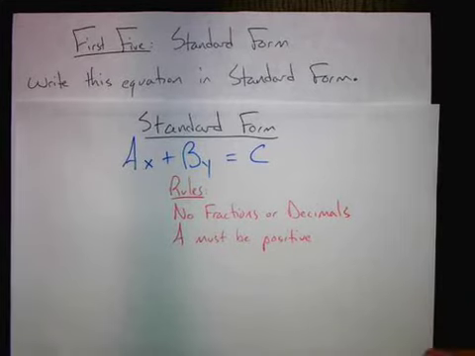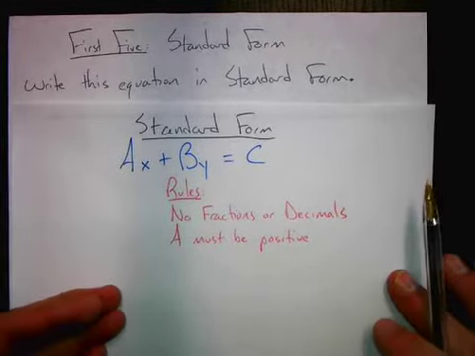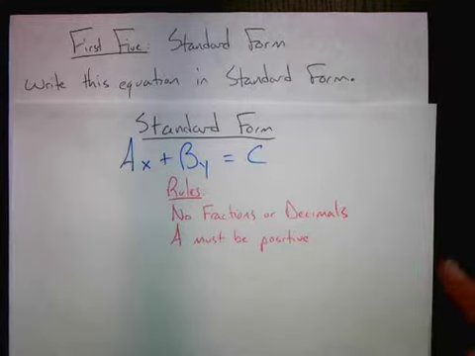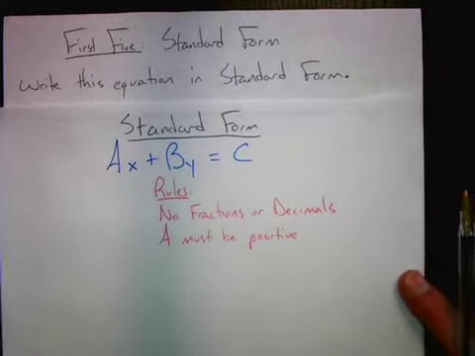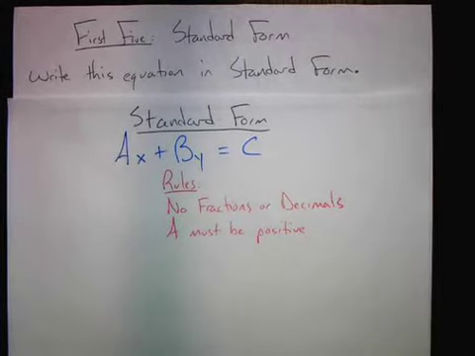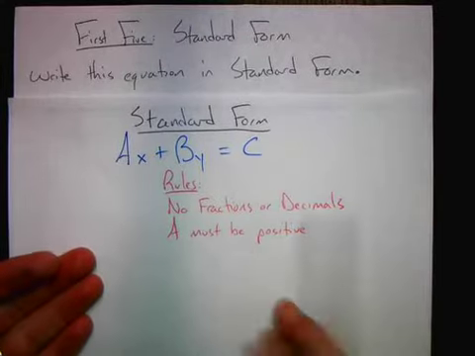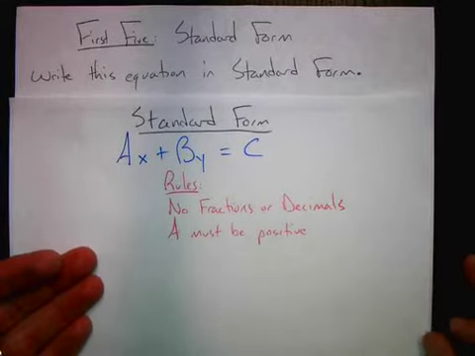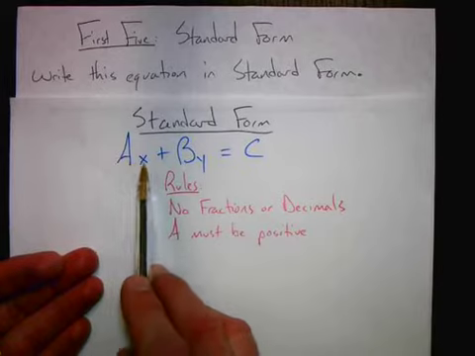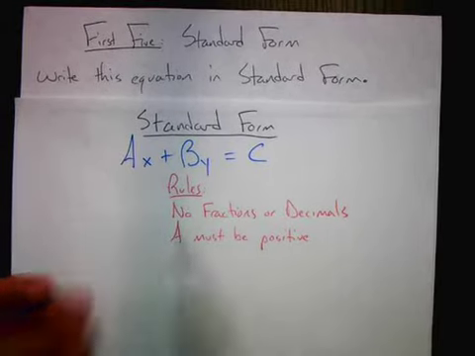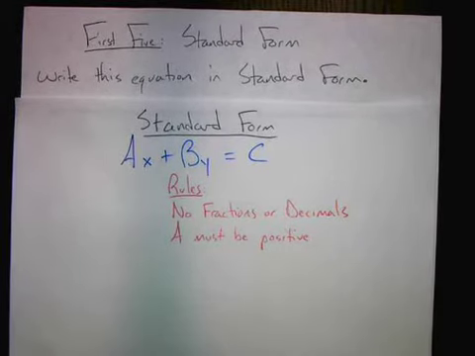Personally, I am in the school of thought that says A must be positive, but it's hotly debated. Some textbooks have it, some textbooks don't. So in my world, the coefficient for x, that capital A, should be a positive number, and that is standard form.